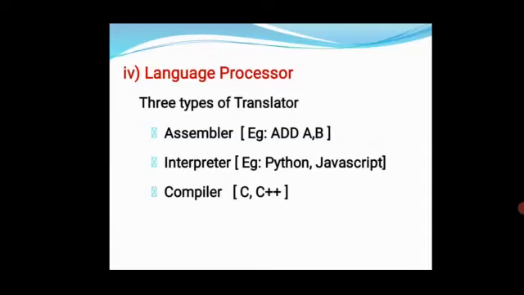Person A wants to communicate with person C, but person A does not know English, so with the help of person B, it is translated. Did you understand, student? Here person B acts as a translator. This is a general example.